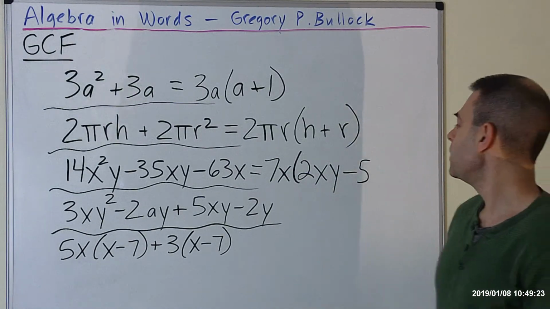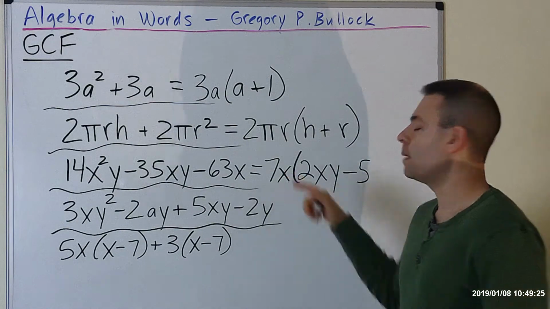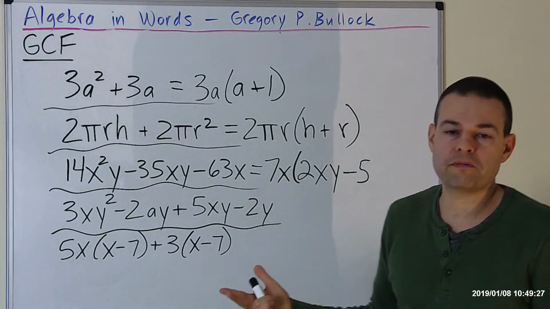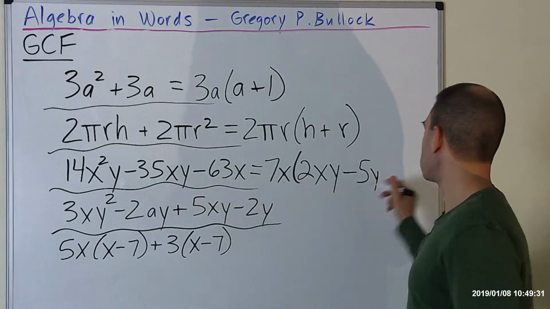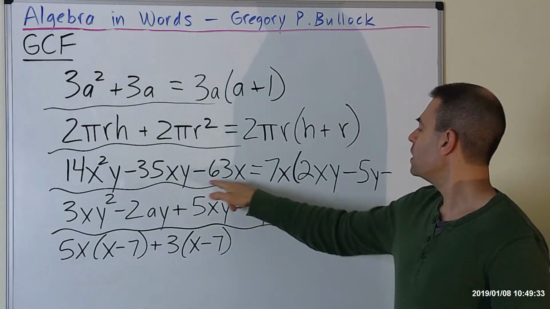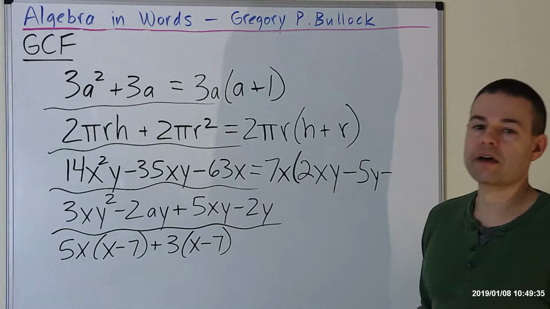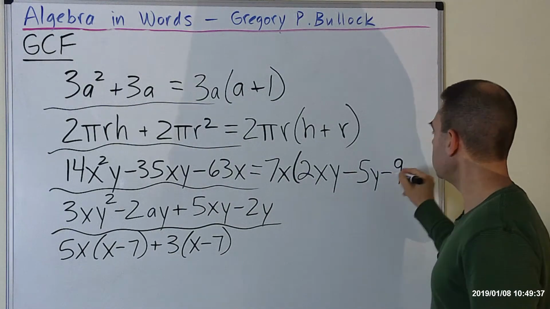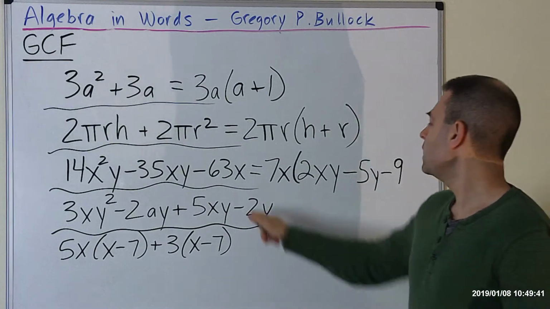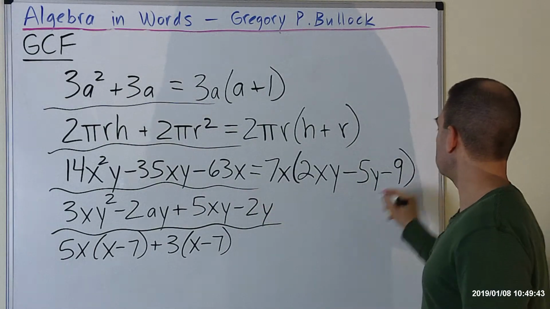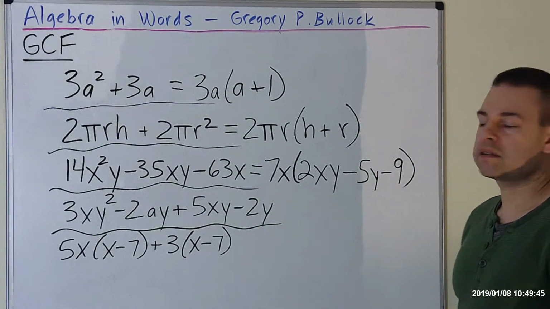We could write it. And y divided by 1, or no factor of y, will stay y. Write the sign. And now 63 divided by 7 is 9. X over x is 1, so we don't write anything for that. And there's no more factors. So we'll close the parentheses, and that's the end of that problem.